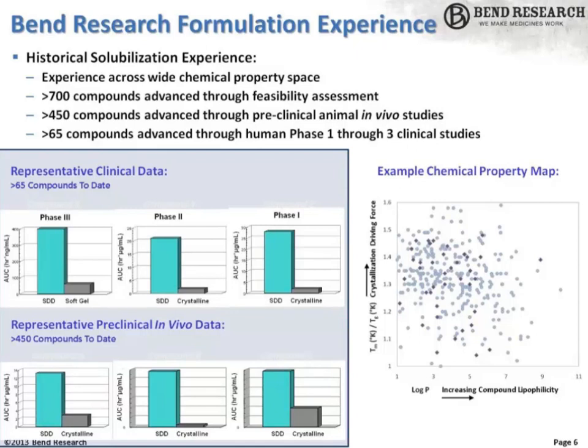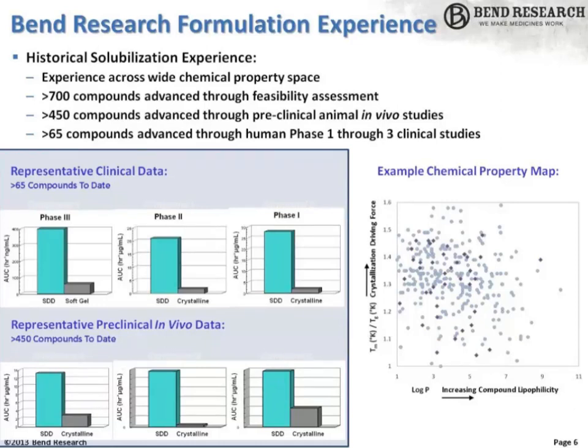Just to make the point that this is not limited simply to specific therapeutic areas or even specific types of compounds, in the lower right-hand corner of the slide, you can see that there's an example chemical property space in which we've plotted a melting point over a glass transition temperature of a compound, which is simply the driving force for crystallization, against the log P, which is really about the lipophilicity or the dissolution rate of a compound.